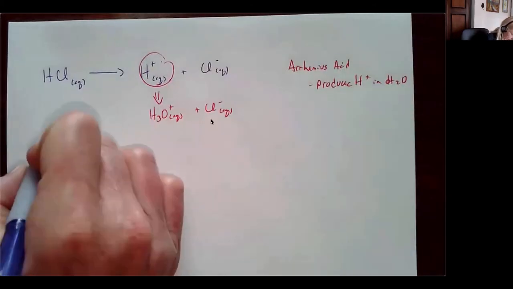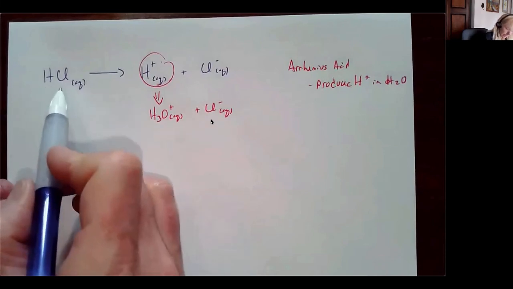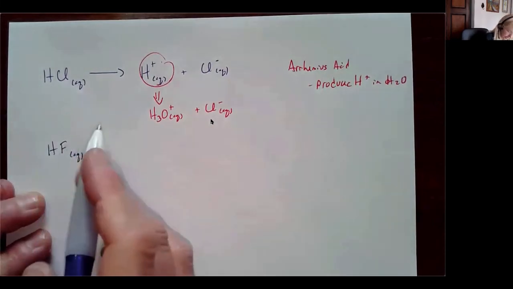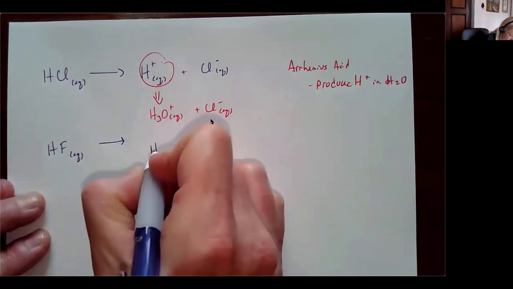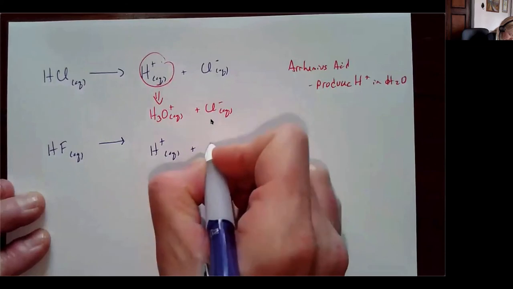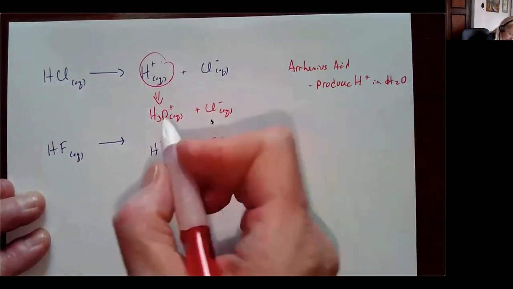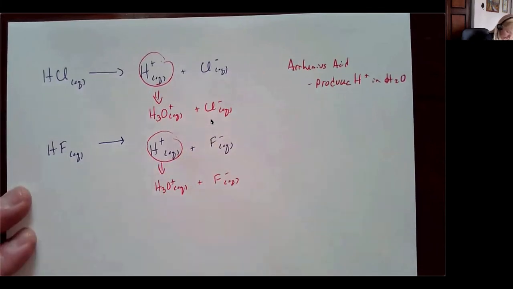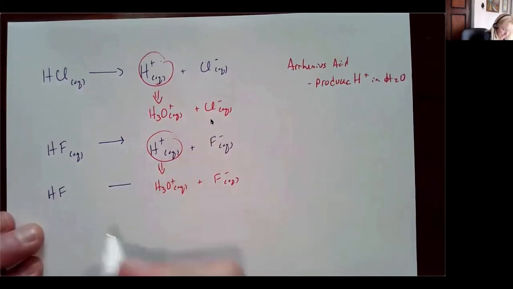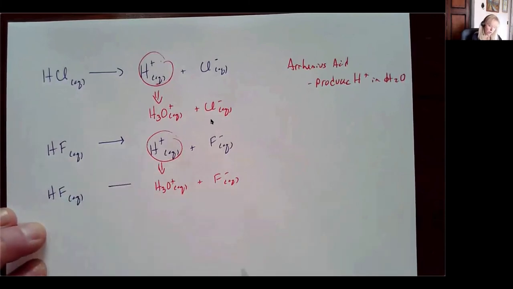If I take HF, for instance, so this is hydrochloric acid, this is hydrofluoric acid, and I add HF to water, I'm going to form hydrogen ion, sure, and fluoride ion, of course, and this is really going to form the hydronium ion, and this came from HF. But what happens is HF doesn't dissociate very well, so only a small amount dissociates.